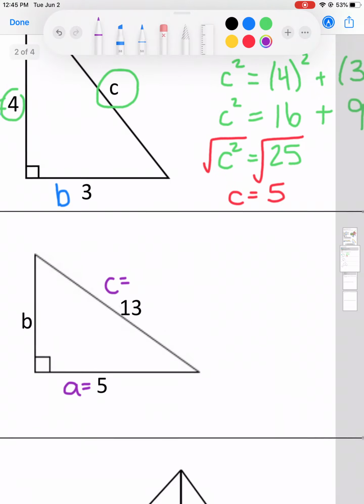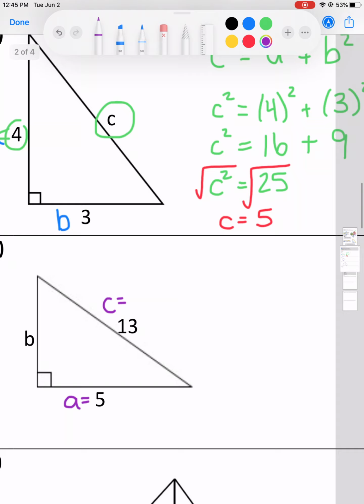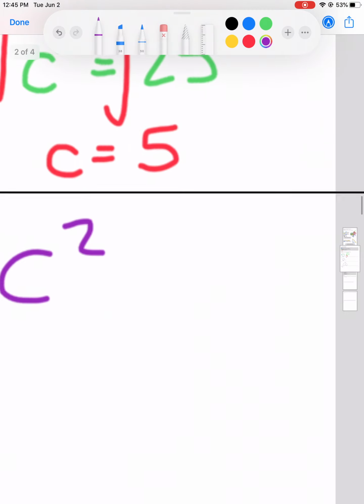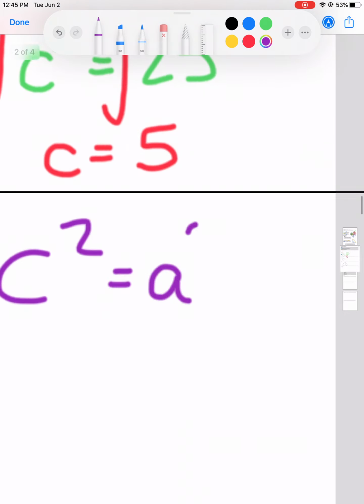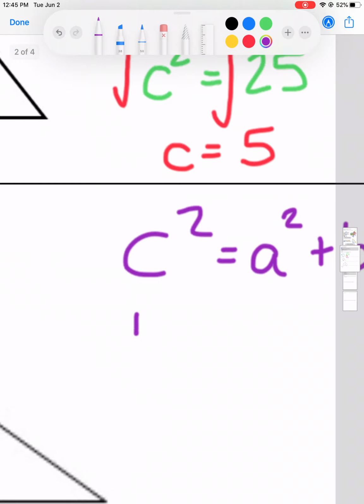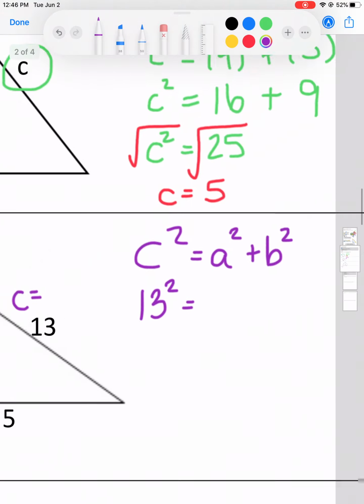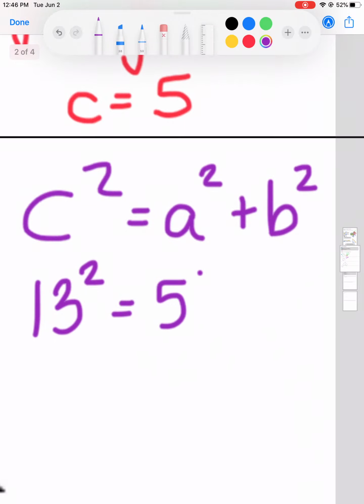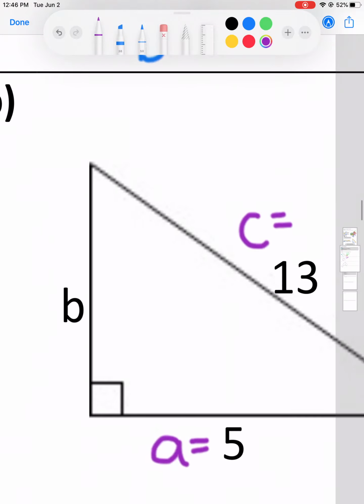Okay, now we have those labeled. Let's plug it into our equation. Okay, so we've done that. So C is equal to 13. A is equal to 5. And B is equal to, well, there's nothing.